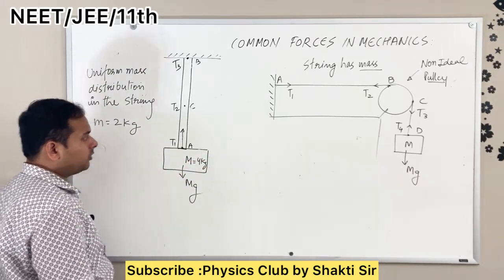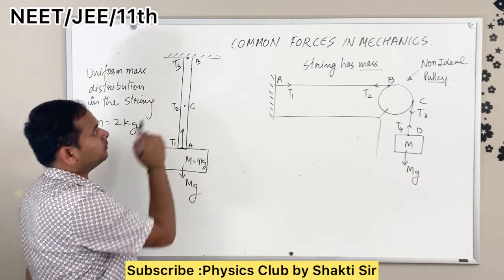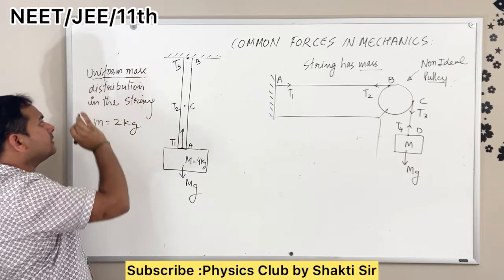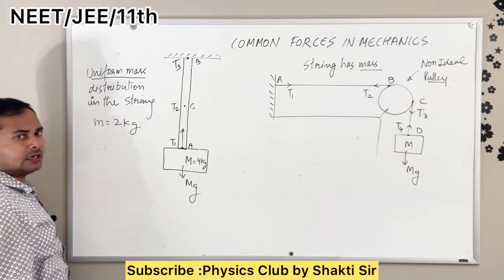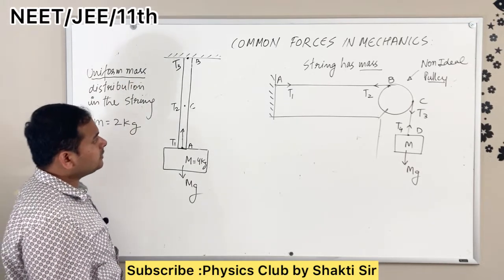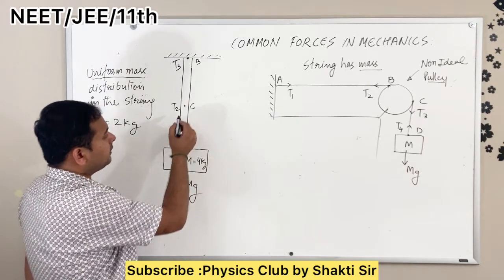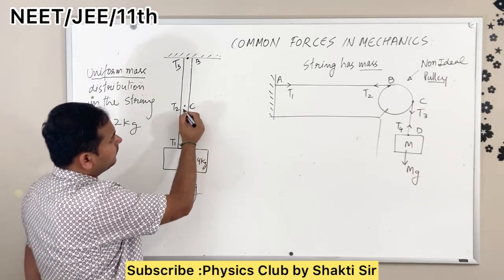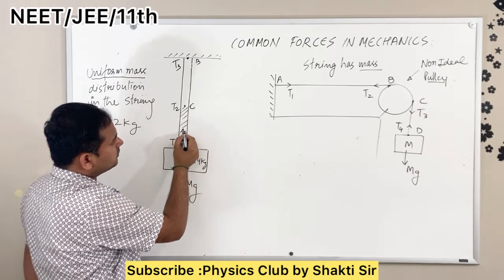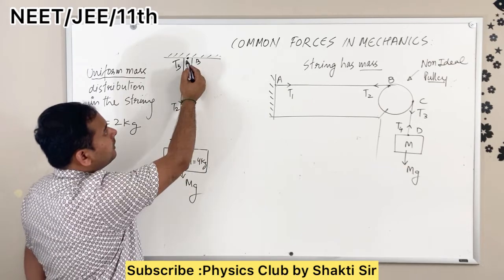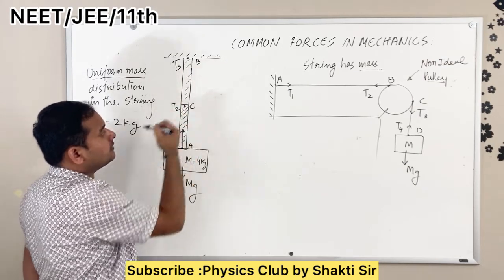Firstly we need to concentrate on the words uniform mass distribution. As the mass is uniformly distributed and it has a 2 kg mass, it means that C is the center. So 1 kg mass is distributed between A and C, and the other 1 kg mass is distributed between B and C.